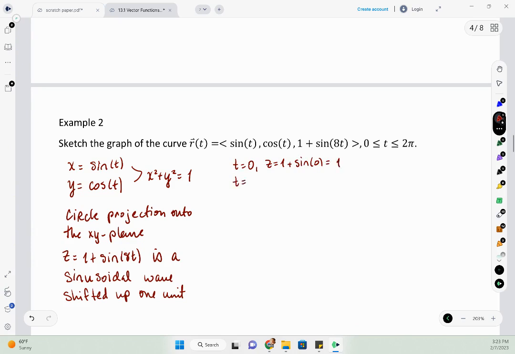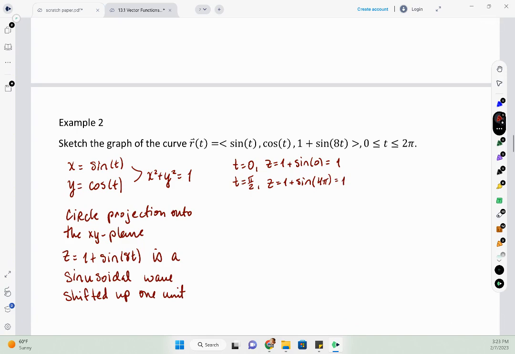When t is, let's say, pi halves, z is going to equal 1 plus sine of 8 over 2 pi. When t is pi halves, when I plug that in, I'm going to get 4 pi, which is still going to be 1.